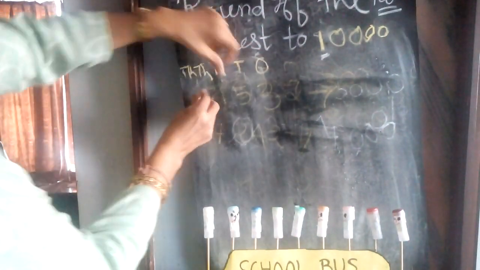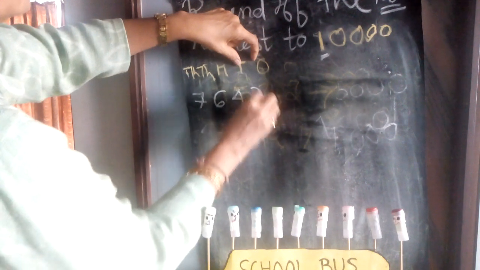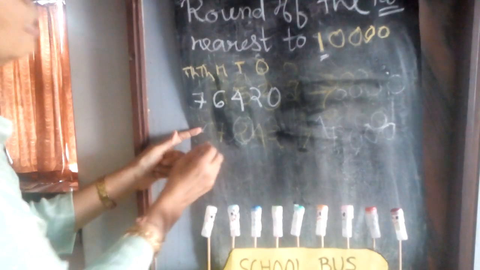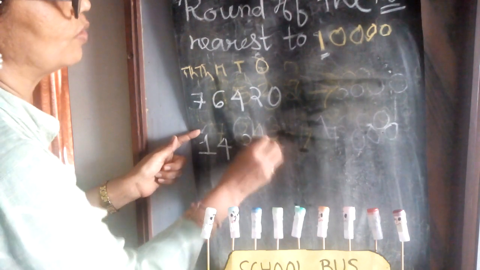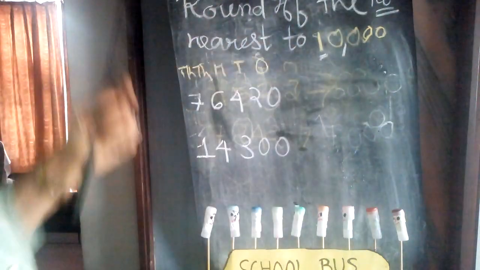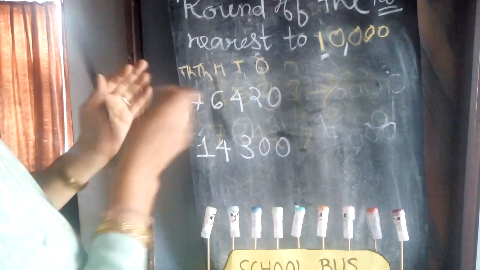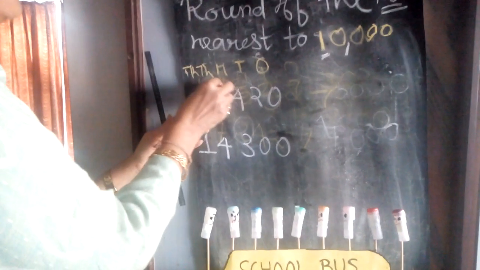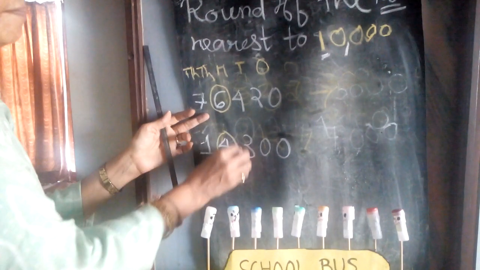Now look at the numbers here: 76420 and 14300. Now when we are going to the 10,000 place, nearest to 10,000, that means go behind one place, that is we are taking thousands place. Circle the thousands place in both the numbers.